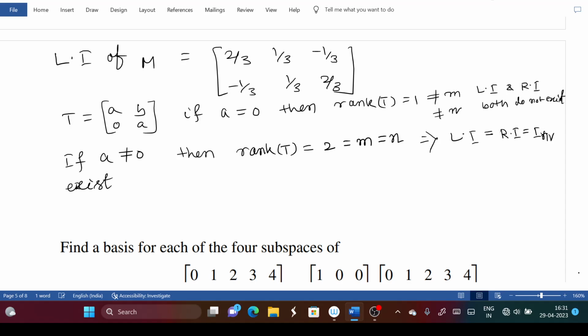So all the three exist and their values are the same.